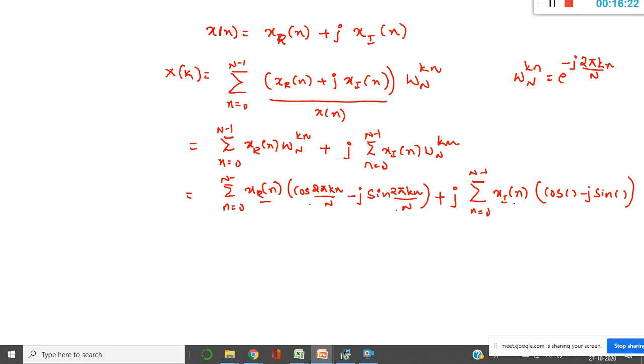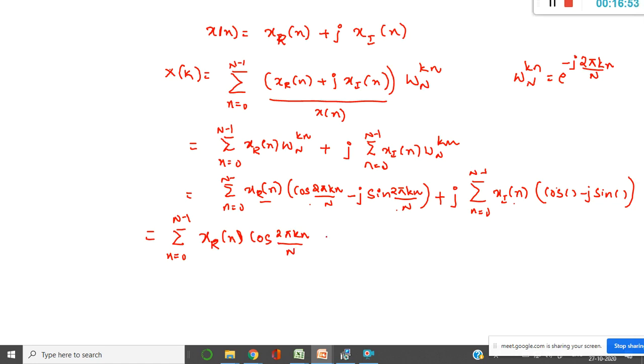Again here, the imaginary number with the cosine term and the imaginary number with the sine term. So once again, if I perform this, look at the total number of additions that I am going to get. I write this in the form of xr of n into cos of 2 pi kn by n.